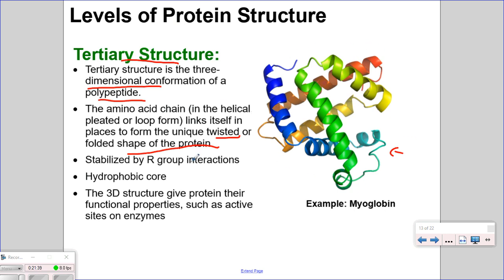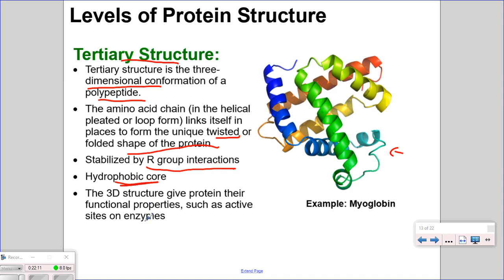The tertiary structure is also going to be stabilized by R group interactions. Those R groups for specific amino acids are going to interact together to help stabilize this tertiary structure. And in the tertiary structure is where we tend to find a hydrophobic core. So somewhere in the middle of this protein, we'll have a higher tendency of finding non-polar amino acids.